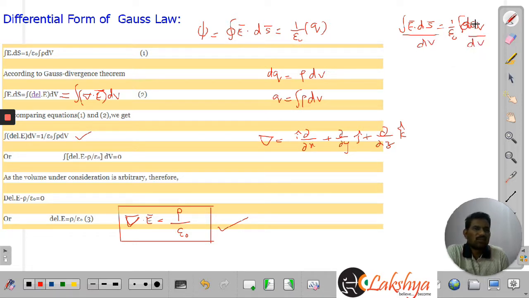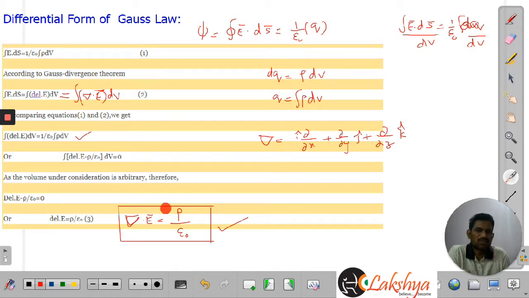Then the integral of dq by dv gives the average charge density, which we can write as rho. And this term is our surface area, and this is the volume. So surface area by volume gives you a distance, one dimension. That means you get a distance measurement dimensionally.